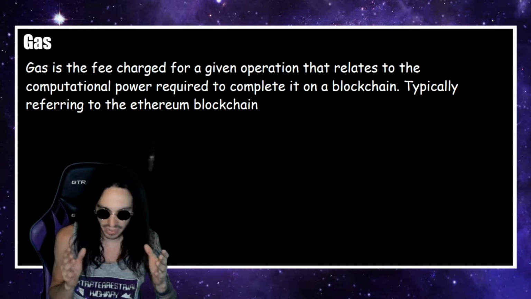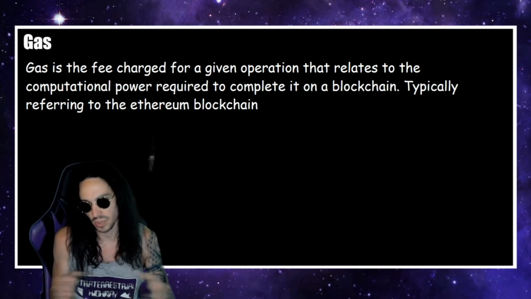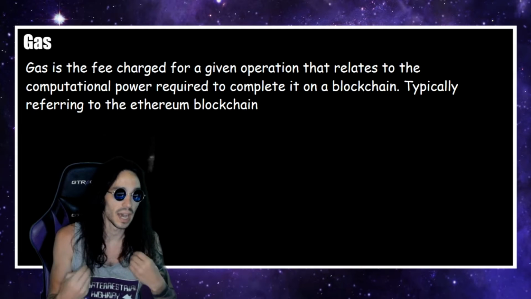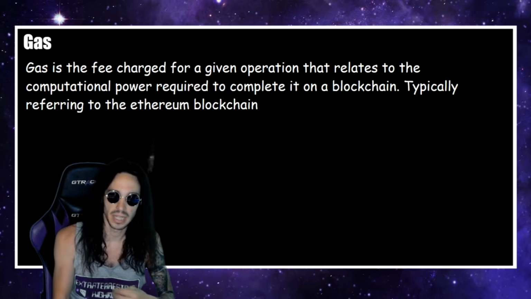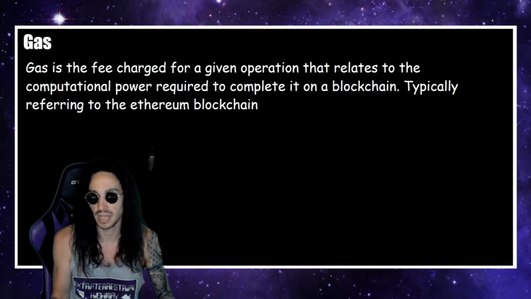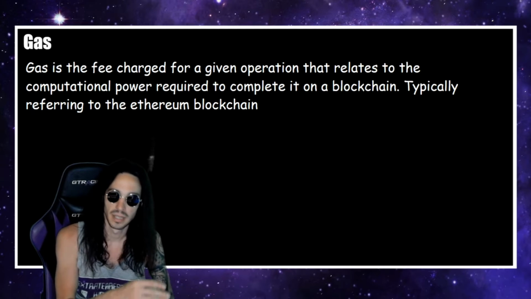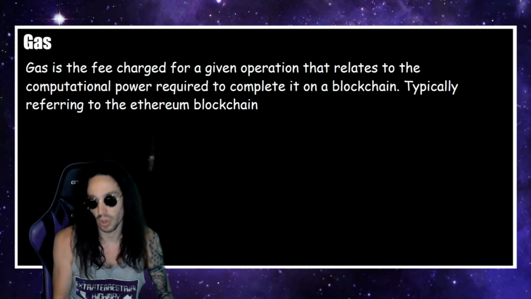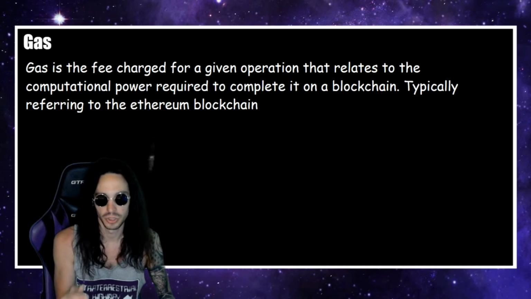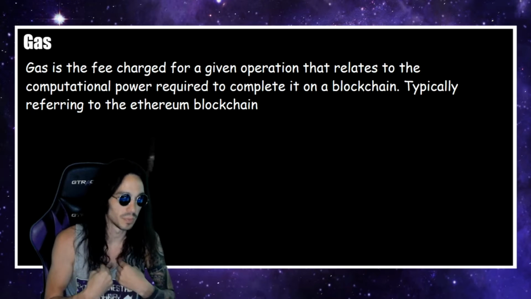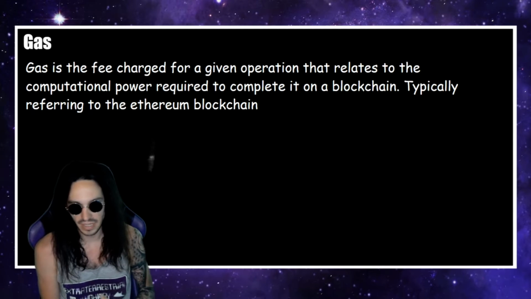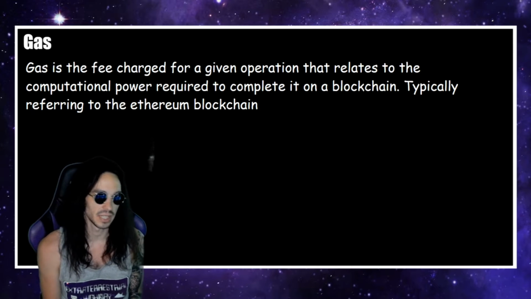If I have an NFT, the JPEG, the PNG, whatever it is, and I want to send it through the blockchain to be verified that I own it, I created it, the computational power required to make that go through takes power, and it requires a fee from me to essentially purchase that computational power to grant that NFT ownership to myself. To simplify it, gas is a fee for using the Ethereum blockchain in any way, shape, or form.